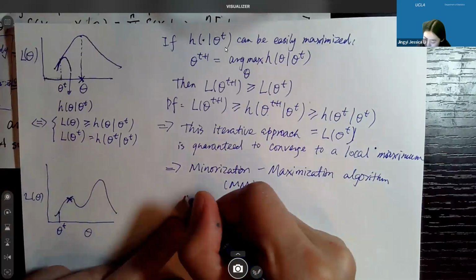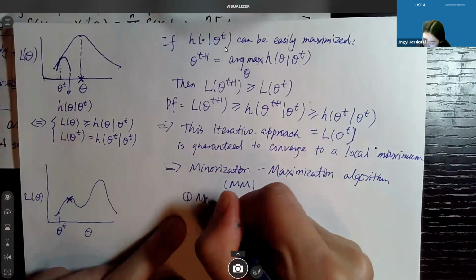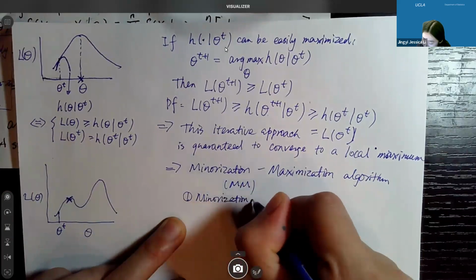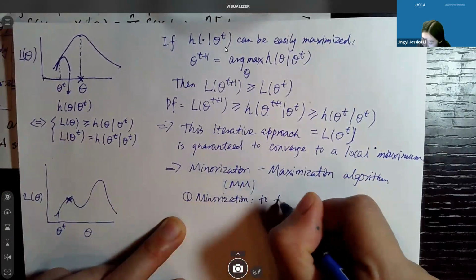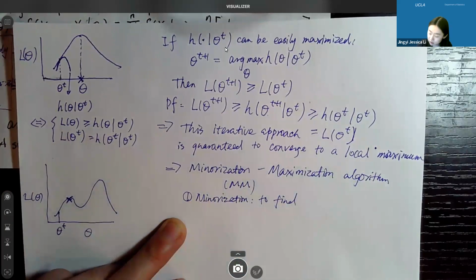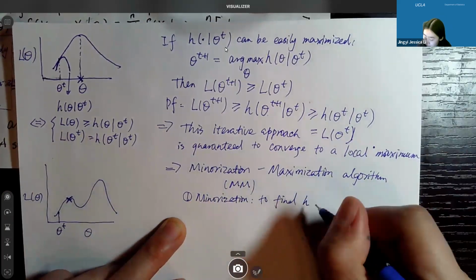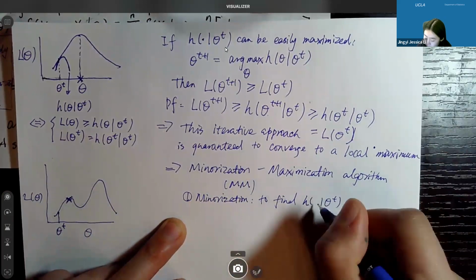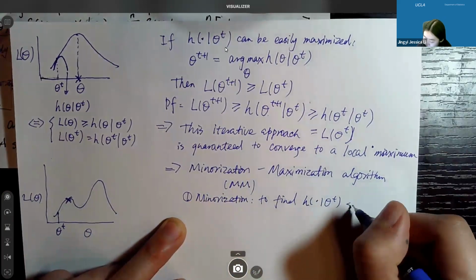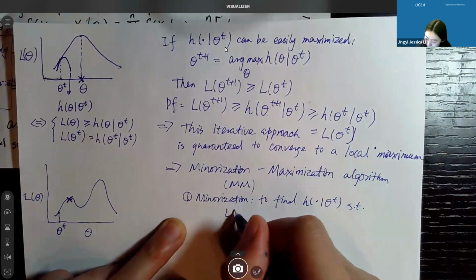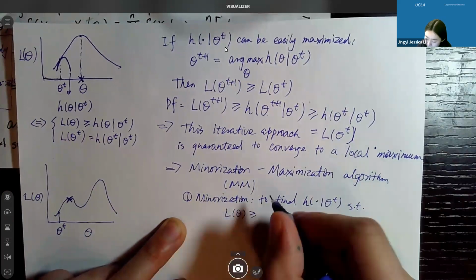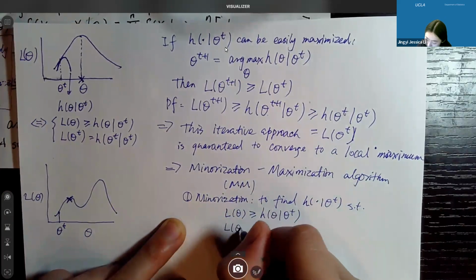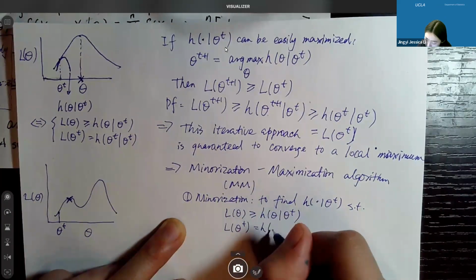So here, let me go one more detailed step. The minorization step is to find this H function at theta t such that L theta always dominates this H function and L theta t equals H theta t.